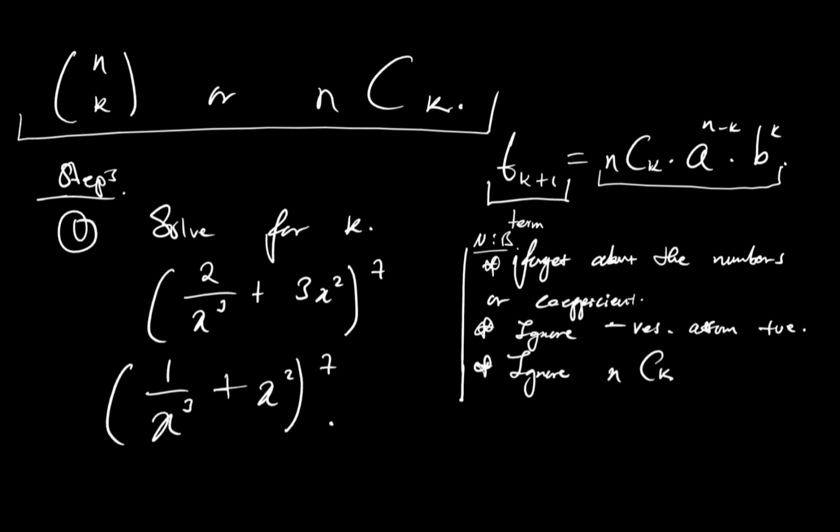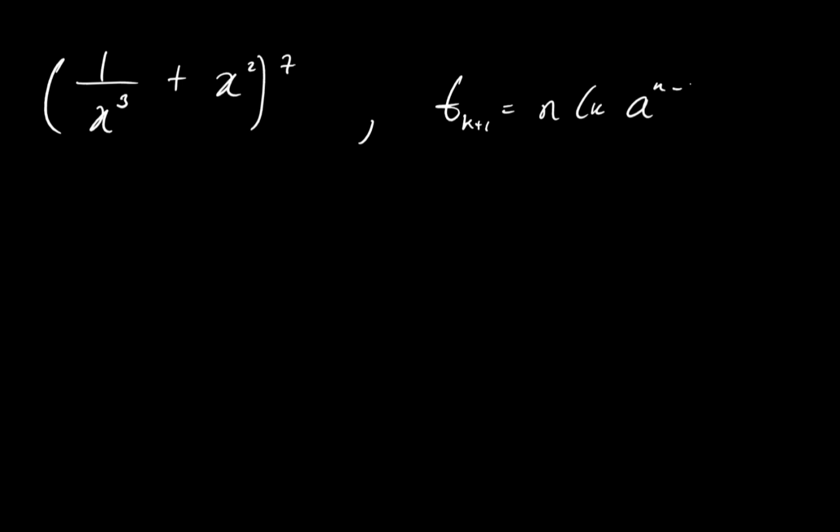Now, after we do that, remember we have in question 1 over x to the power 3, if we ignore the coefficients, then x squared, then to the power 7. With this in mind, we can remember that the term equation, which is t sub k plus 1, is equal to n choose k, then a to the n minus k times b to the k.